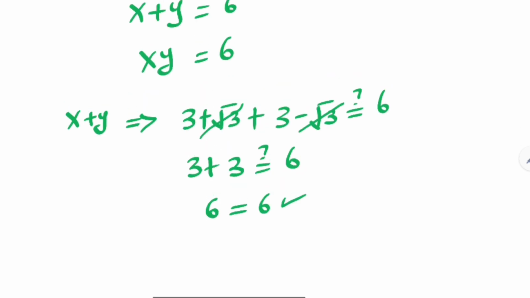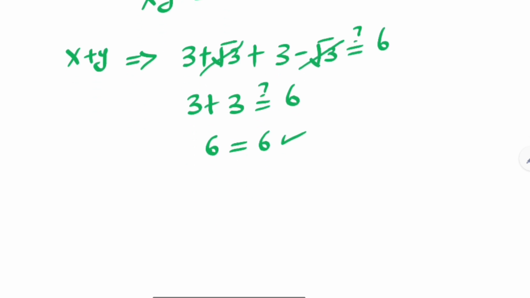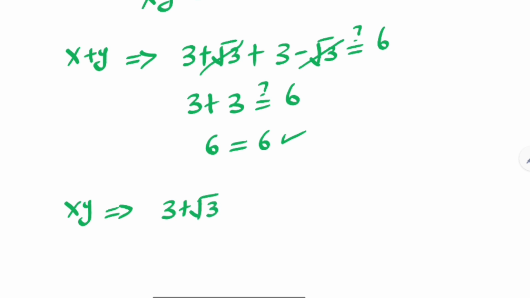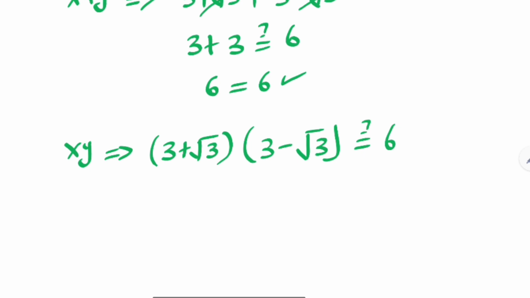Let us consider this. xy, this is 3 plus root 3 multiplied by 3 minus root 3 must be equal to 6. Then this is 3 times 3, we have 9. 3 multiplied by minus root 3, this is minus 3 root 3, plus root 3 multiplied by 3, this is plus 3 root 3.